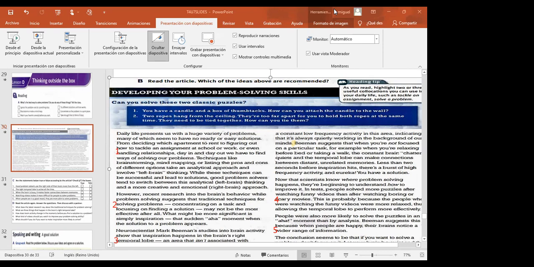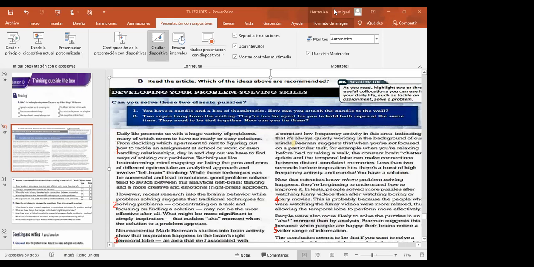Number 3, please. Neuroscientist Mark Beeman's studies into brain activity show that inspiration happens in the brain's right temporal lobe, an area that isn't associated with concentration at all. It's an area of the brain that is responsible for facial recognition, cognitive memories, and understanding language.